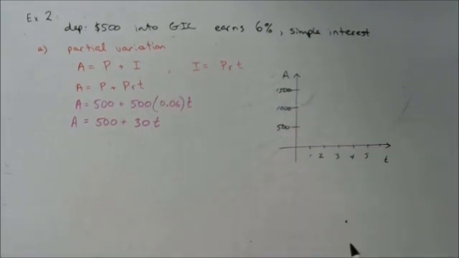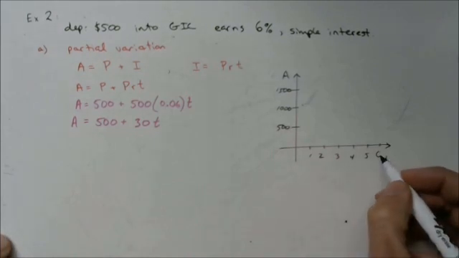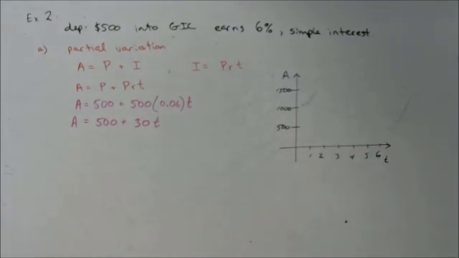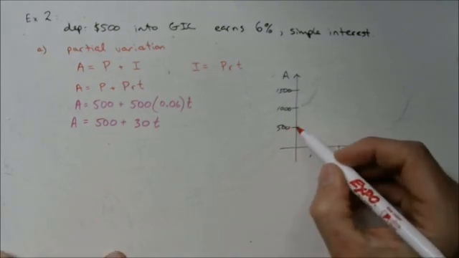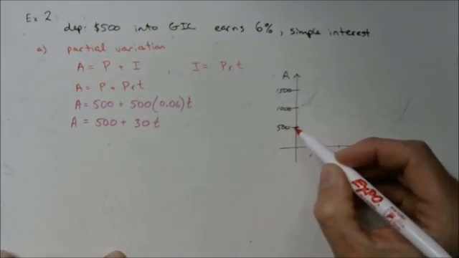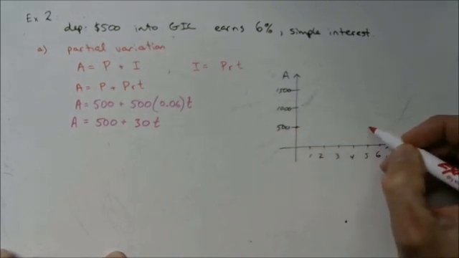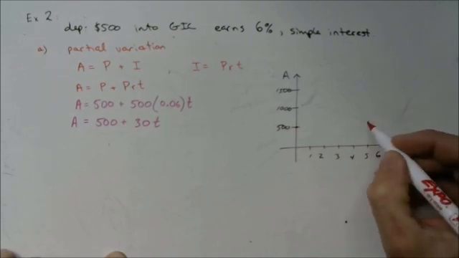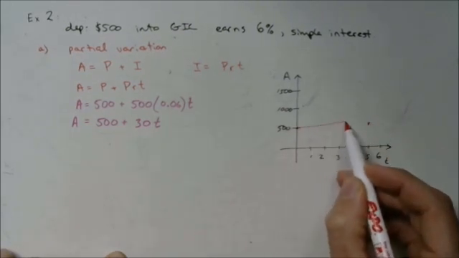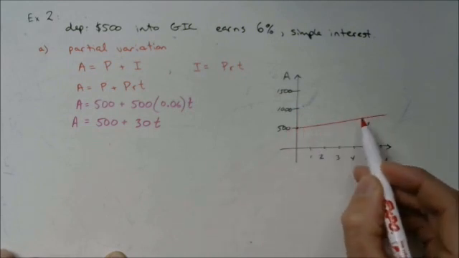We're obviously not going to get this high with the numbers that I've used here, only up to 6 years. Could have done more years, but that's okay. Starting at 500 and we're going 30 up for every year that we go over. So after 5 years, we're going to be up $150. This graph is pretty useless as an example, but let's just say it's doing that.